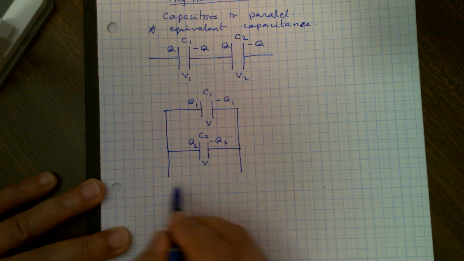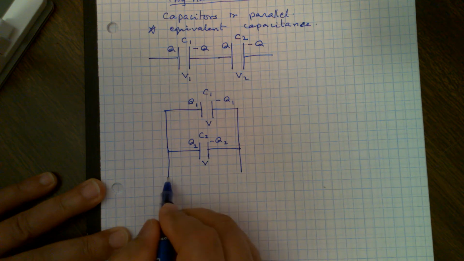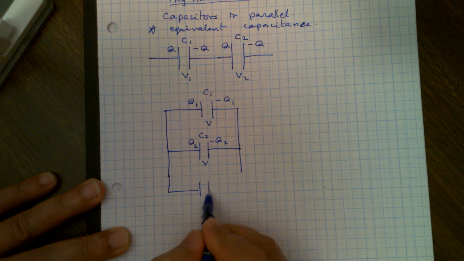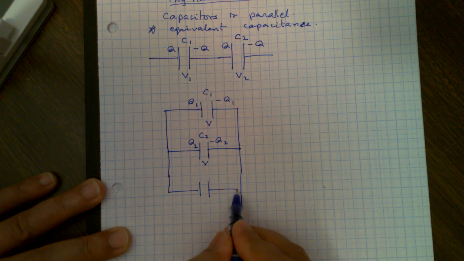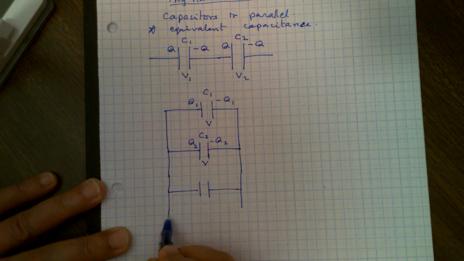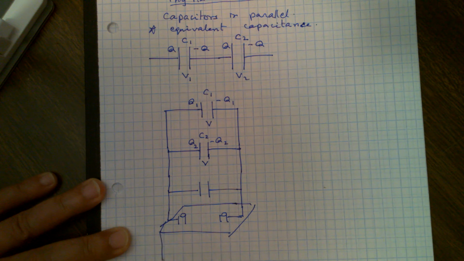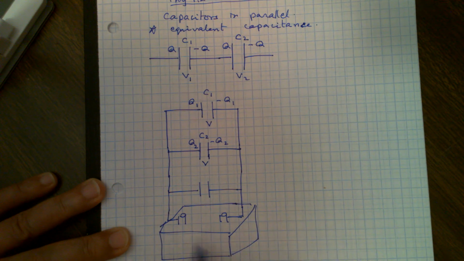Okay? And so I can keep on going. So let me draw one more. Then until I get to my battery, so positive and negative node, and then I have my battery here, connected to that. This is positive, this is negative.